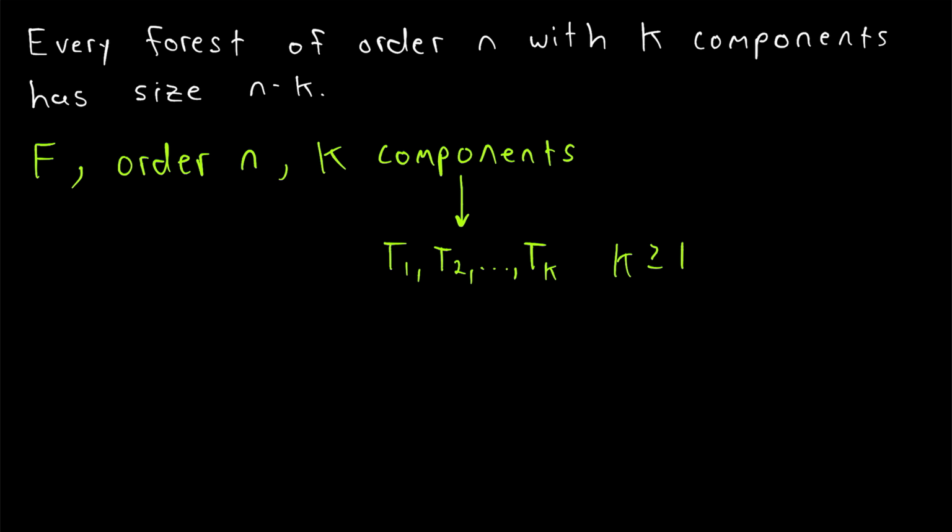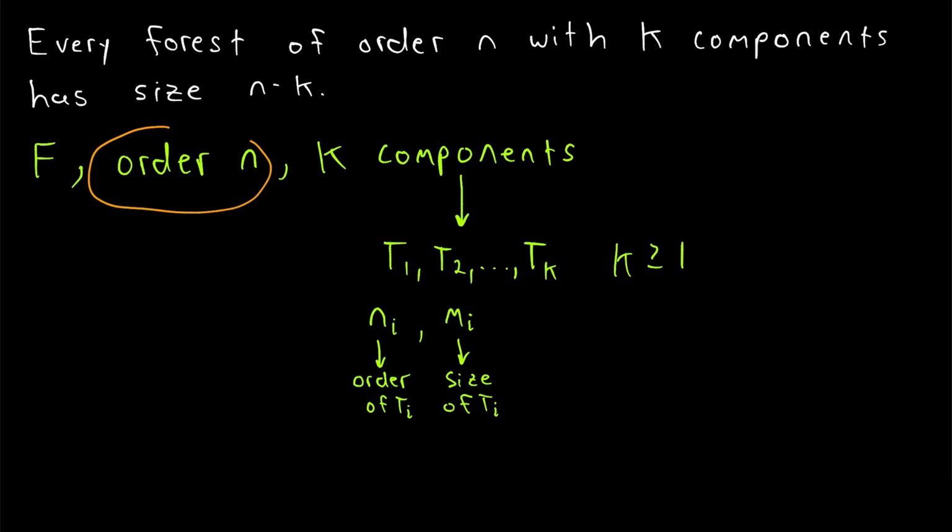There is at least one component, because if there are no components, then we've got no graph to study. Furthermore, we'll say that n sub i is the order, the number of vertices, in the tree component Ti. So n sub 2, for example, is the number of vertices in the component T2. And similarly, we'll say that m sub i is the size, the number of edges, in the ith component, Ti.